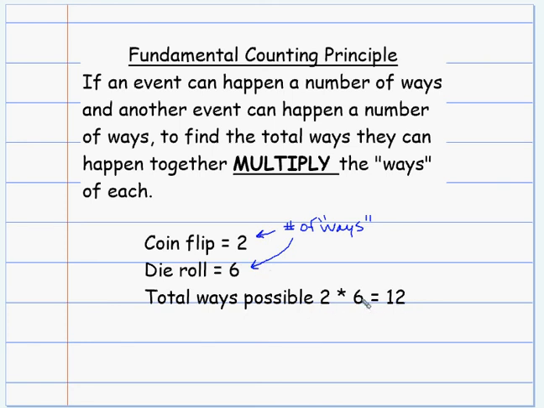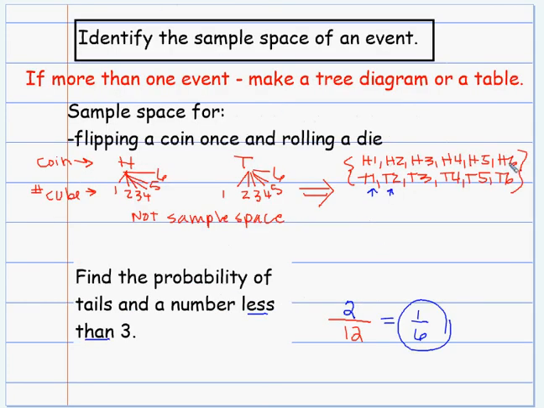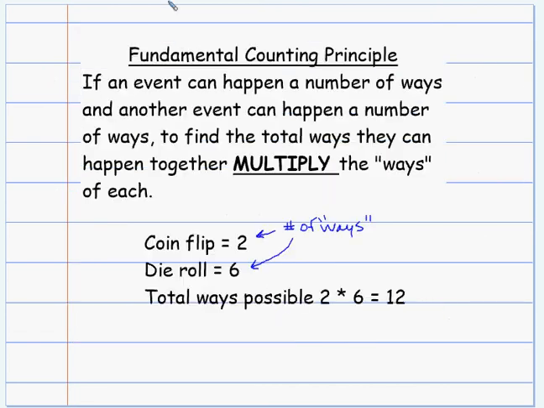Okay, if you can remember to do that, that's a really quick way to figure out how many options there are or how many possible outcomes. It does not help you figure out which ones are possible, but it does help double check to make sure that you have all of those options available.